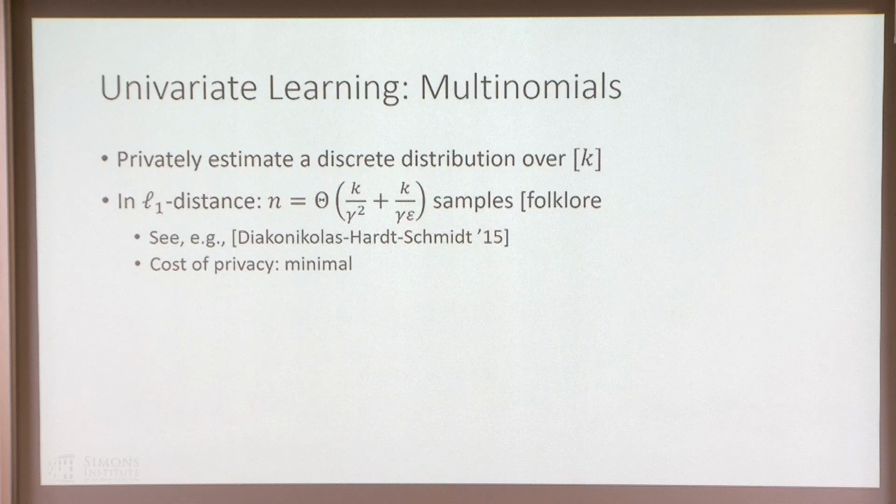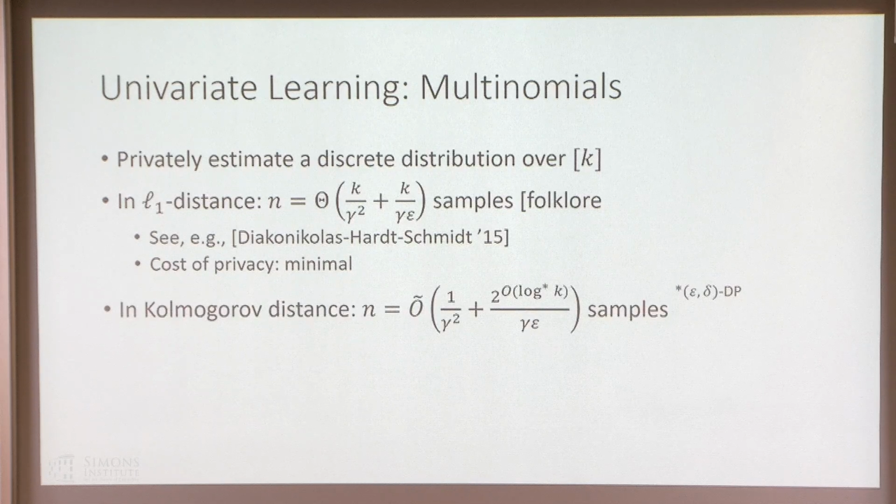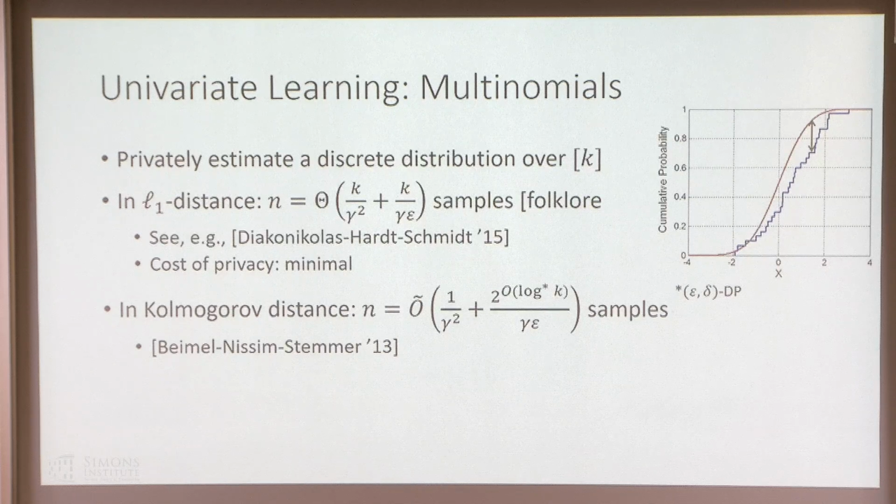However, an interesting result concerns Kolmogorov distance, which is the distance between the CDFs. This is a very easy distance to estimate in non-private settings in the sense that you can just get 1 over gamma squared, which is independent of the domain size.